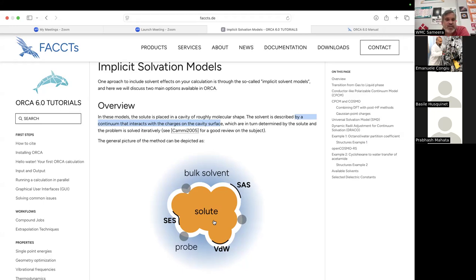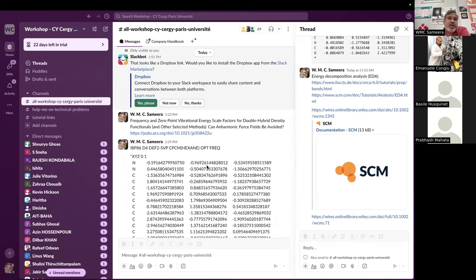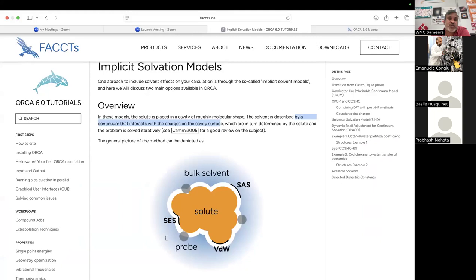So you don't have solvent molecules surrounding your molecule. For example, if we run the computation in hexane, we don't have hexane molecules around it, but we have a continuum to replicate it.